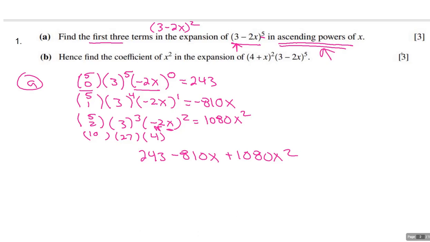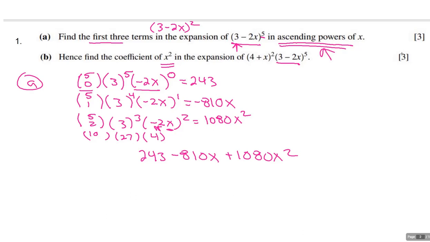Now, what they love to do then is they love to have you find a particular term in a particular power, not everything. And what they want us to do is multiply what we just found. And again, they only had us find 3 terms because that's all I need to do to answer this question. So, don't think you've got to do more.